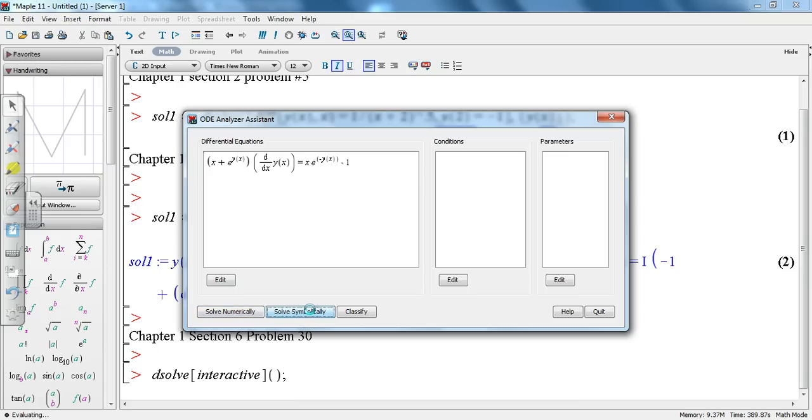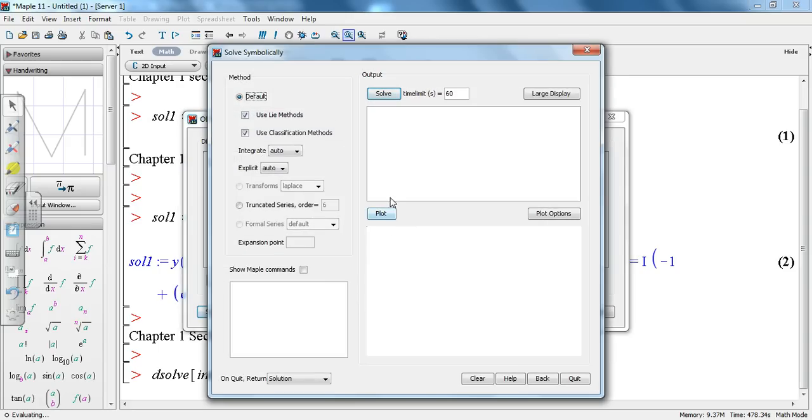We're going to solve it symbolically. I'm going to solve it. The limit says I have to have it done pretty quickly. And it looks like I have 2 solutions, one with a plus and one with a minus.